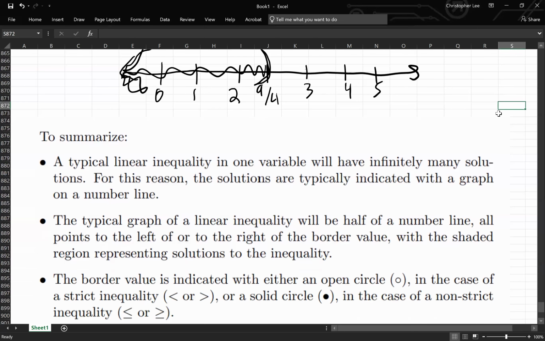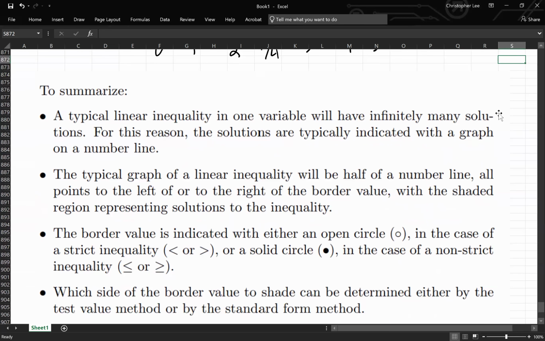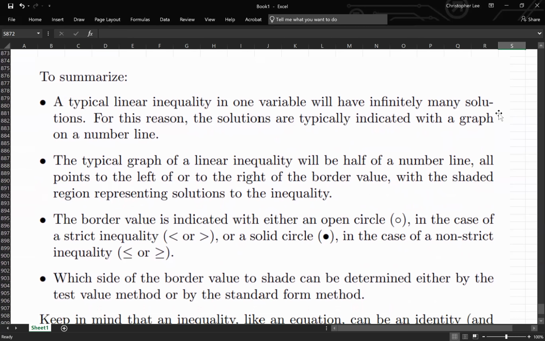The border value is indicated with either an open circle, in the case of a strict inequality, less than or greater than, or a solid dot, in the case of a non-strict inequality that's less than or equal to or greater than or equal to. Which side of the border value to shade can be determined either by the test value method, so you plug in a number and see which side it's going to go, or by the standard form method, solve for x. Easiest way, just solve for x.